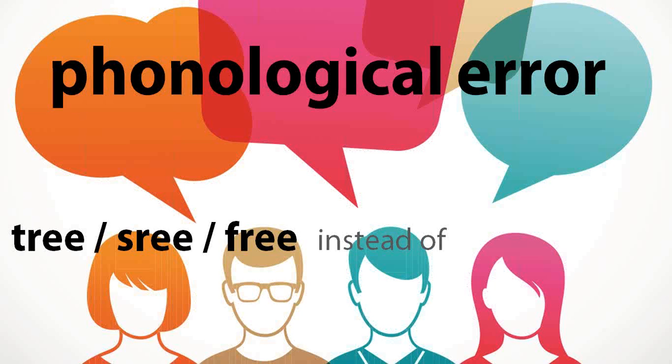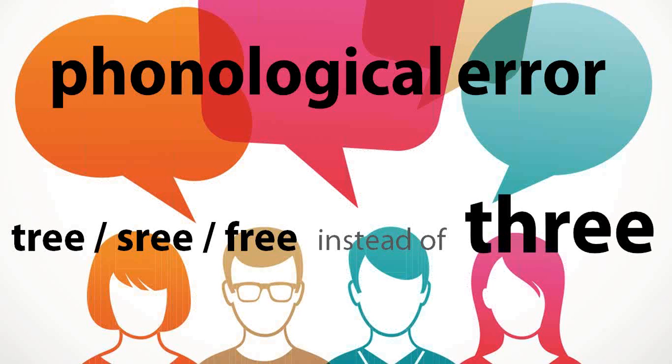What do these three wrong forms illustrate? I see a lot of answers coming up. That's right. I will not keep it secret for much longer, because I believe that the vast majority of you have already typed in the correct answer. It's obviously "three." So "tree," "sri," and "free" instead of "three."